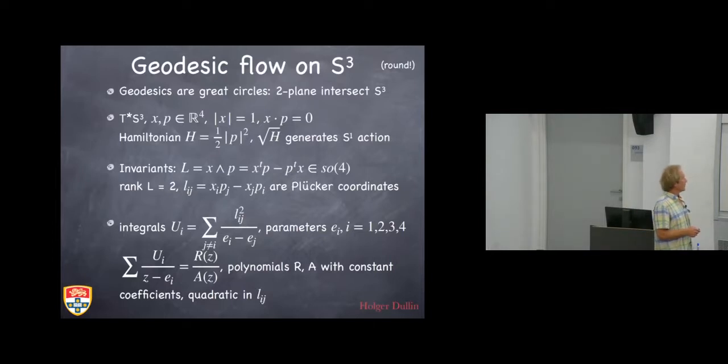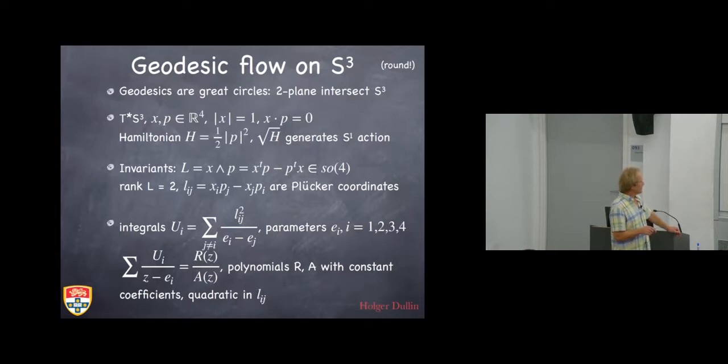Okay, so geodesic flow on S3. I already said the great circles are the geodesics, and so X and P are points in R4, and the length of X is 1, that's my sphere. And I also normalize the energy to a constant value.